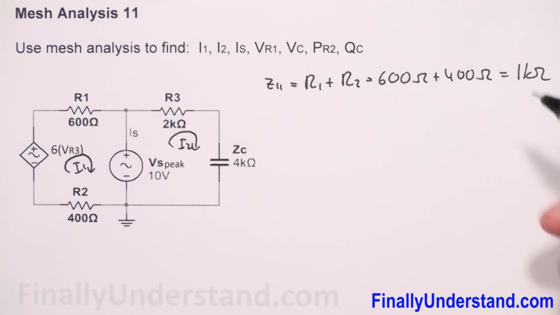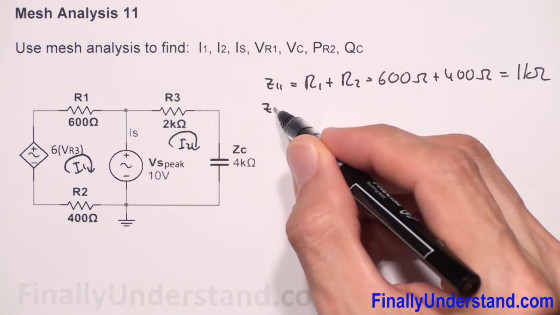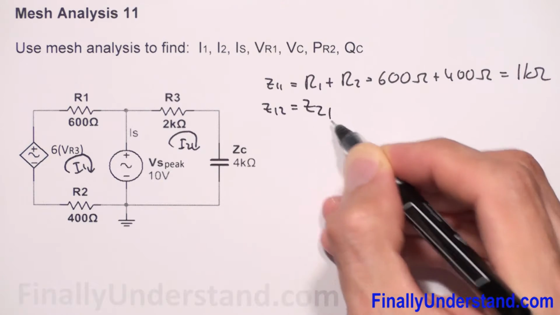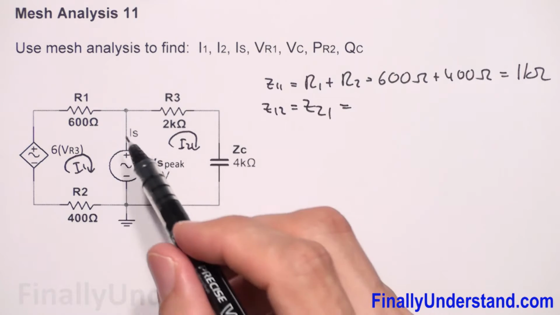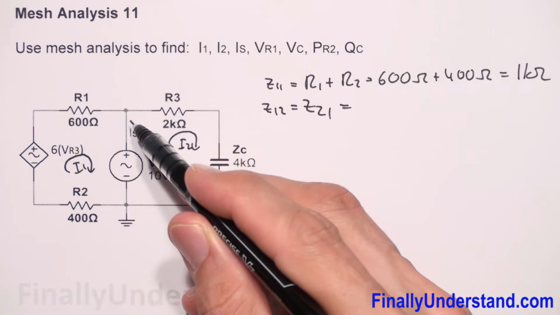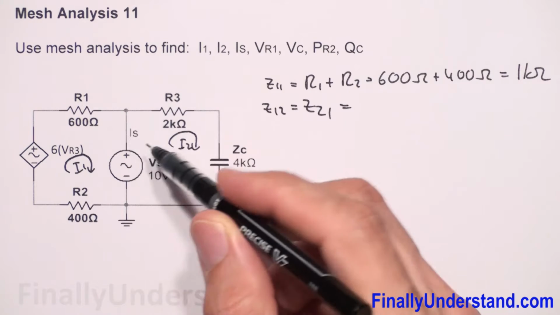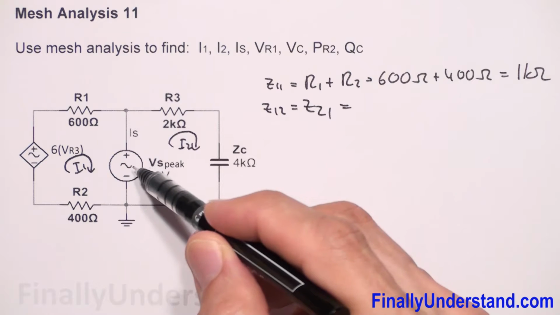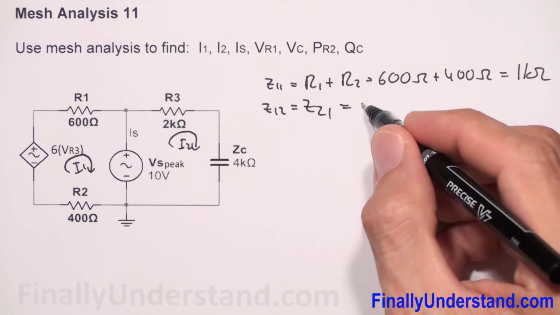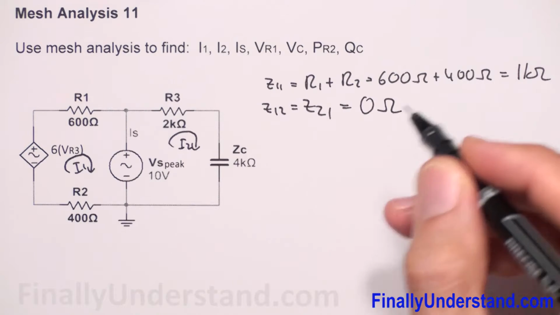So this is my Z11. Next I have to find Z12, which is equal to Z21. This is the impedance between loop 1 and loop 2. Please notice that we do not have any component besides the voltage source between these two loops. That's why our impedance is equal to 0 ohms.